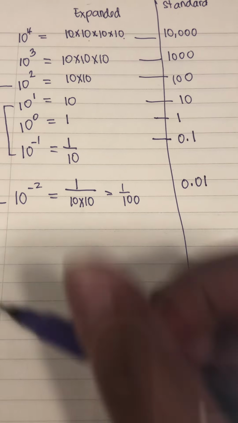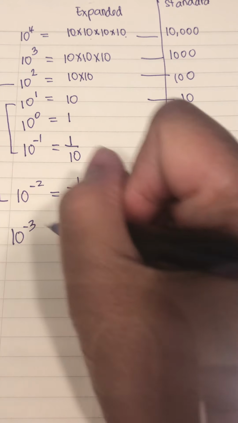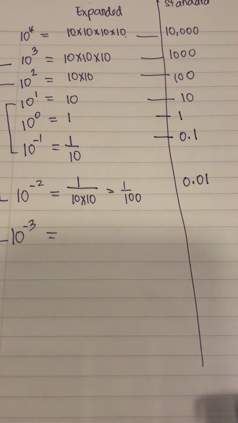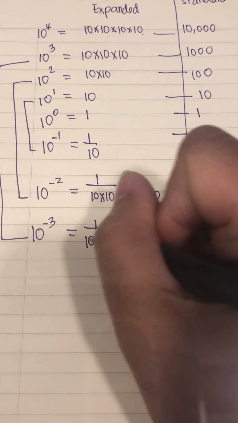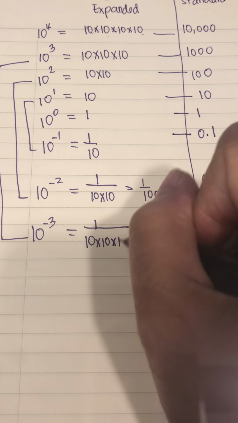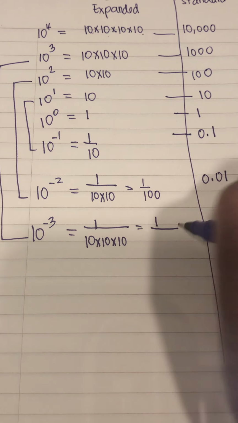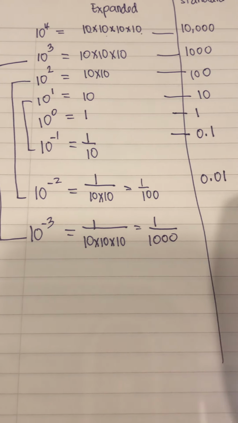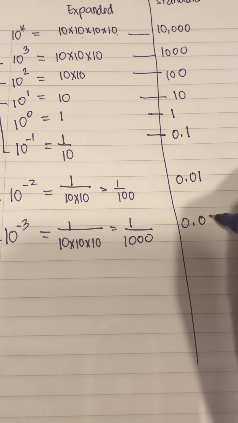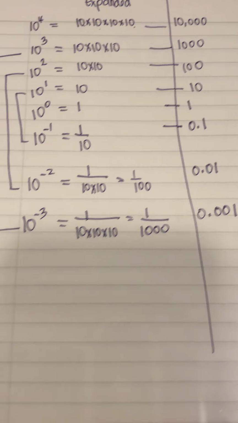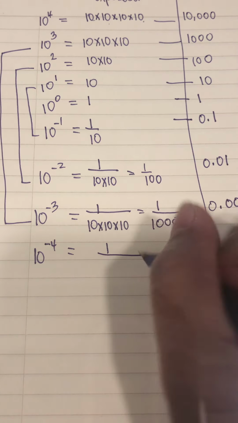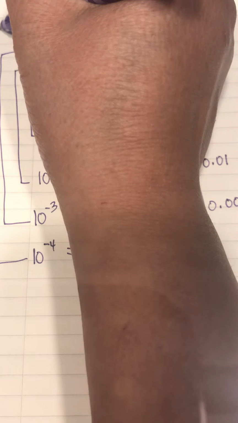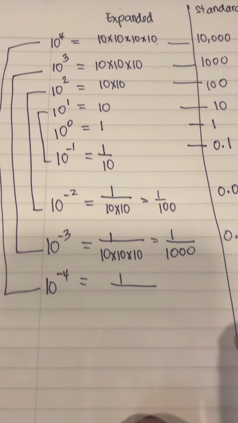Which is 0.01, or 100th. Now 10 to the negative 3. So it's a reciprocal of your 10 to the power of 3. So that gives you 1 over 10 times 10 times 10, which is 1 over 1,000, which can be written as 1,000th. And then 10 to the negative 4 is a reciprocal of 10 to the power of 4.